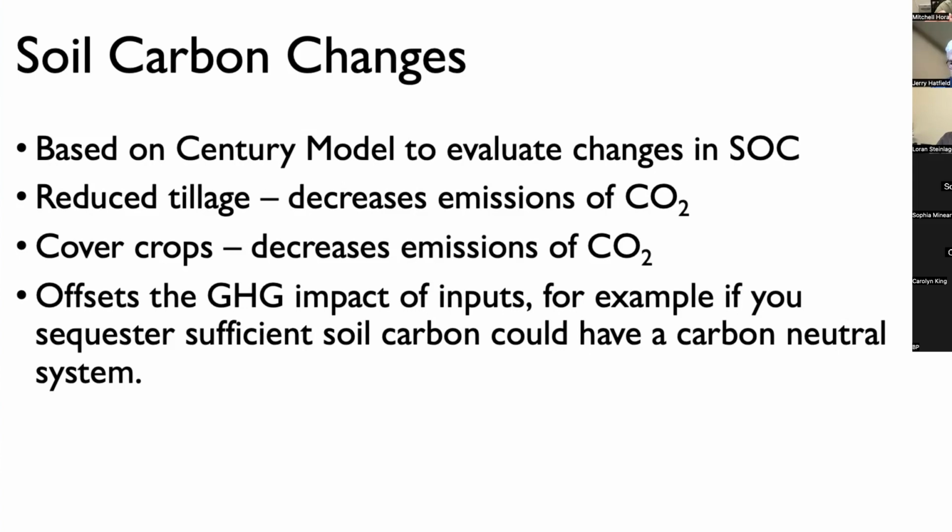Yeah, the Century model was not built to be that farm gate scale model out there. It was built to be much more of a general model. We're looking right now at whether we can build field scale carbon models that are much more accurate and incorporate the concepts of reduced tillage.